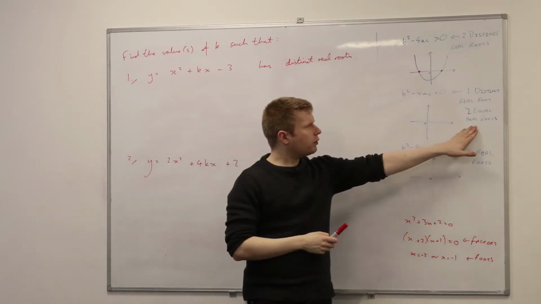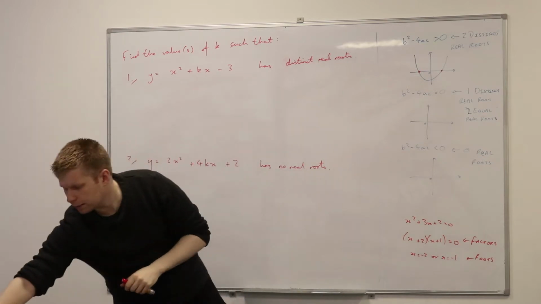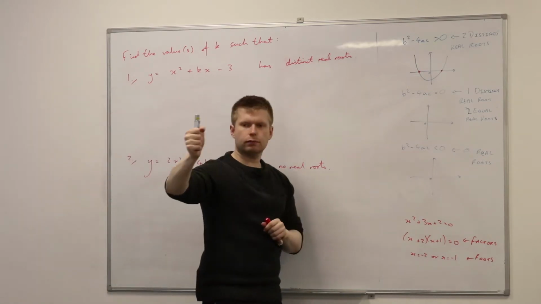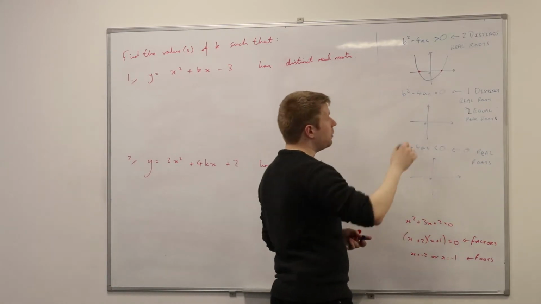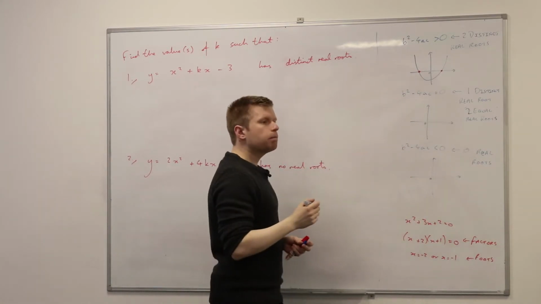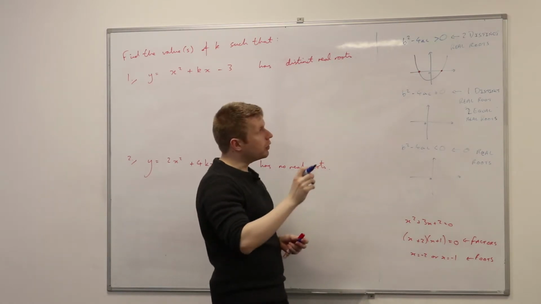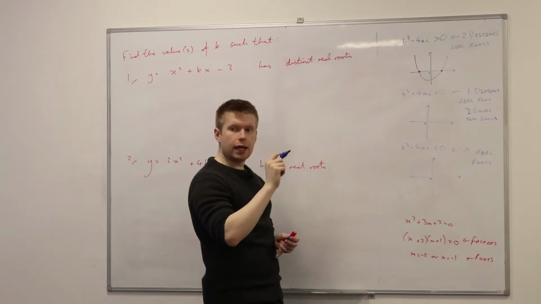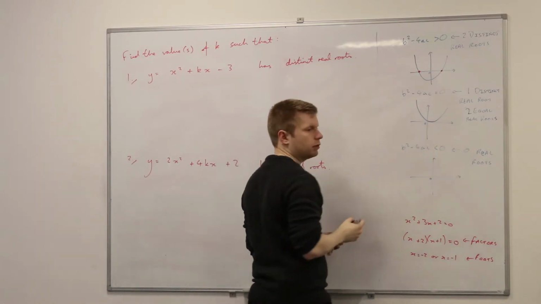If it's got one distinct real root or two equal roots, what's the graph going to look like? Well, it's got to be the same shape. It's still got to be a parabola, but the turning point is at one point. Excellent. So it should just intercept once. It's only going to come down and just touch the x-axis before going back up.